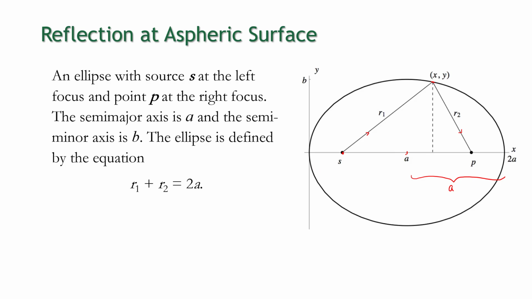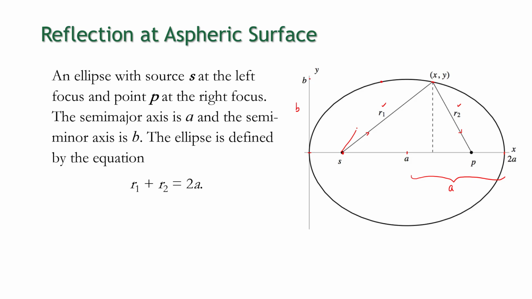From the middle point to this point is the semi-major axis, which is A, and the semi-minor axis is from this middle point to this top point. That's B, the semi-minor axis, and this distance plus that distance would be equal to 2 times the semi-major axis. That's always true for any point, whether you choose this point or some other point like here.